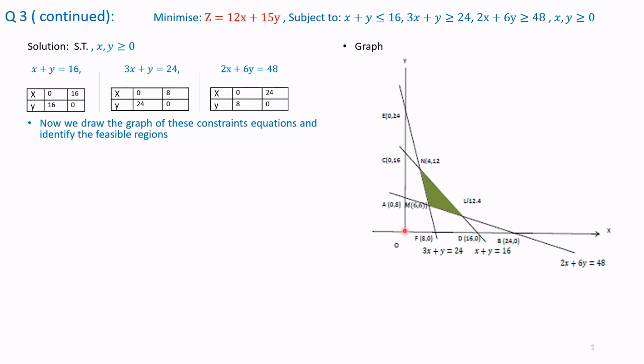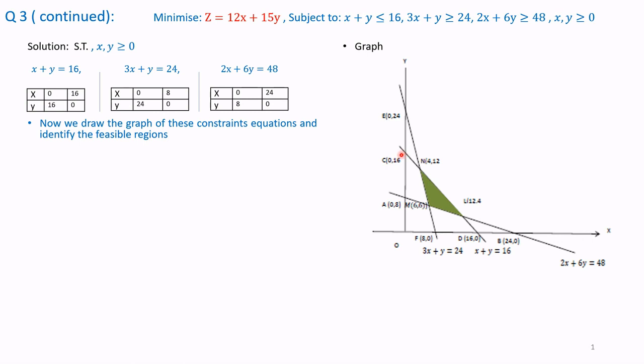And draw line OX horizontally and OY vertically as shown here. Then the next step is to draw the equation x plus y is equal to 16. So when x is equal to 0, y is 16. So x is 0 here and y is 16 here. So this becomes a point for the line x plus y is equal to 16.